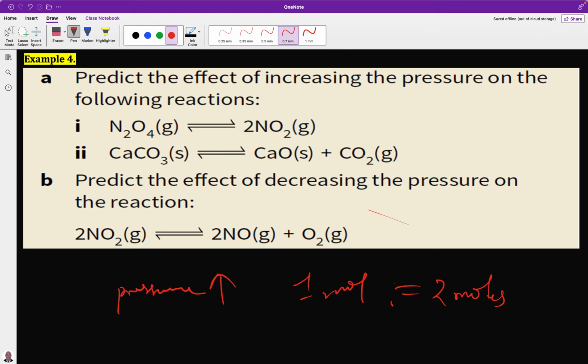So we will not move from 2 moles to 1 mole. In that case, the equilibrium will shift from right to left. More of N2O4 is produced when we increase the pressure.